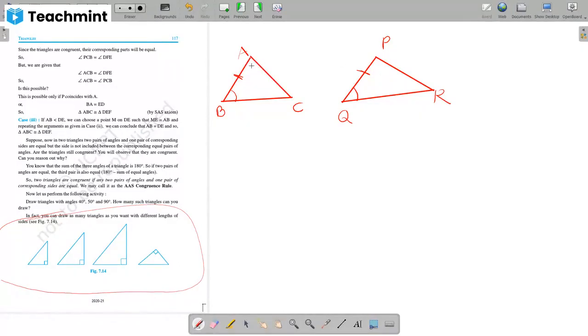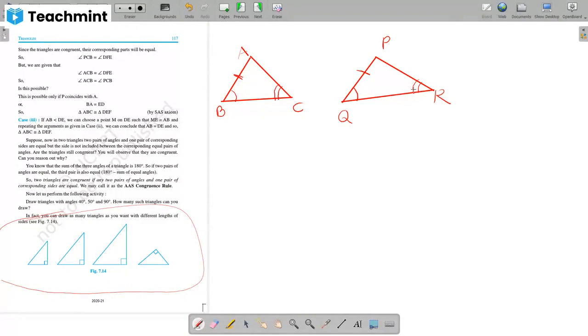If angle A is also equal to angle P, then we can use the angle side angle congruency criteria. But in this question, we are not given that angle A and P are equal; instead, it is given that angle C is equal to angle R. So can we use the angle side angle congruency criteria? Are these two triangles congruent in this case also?